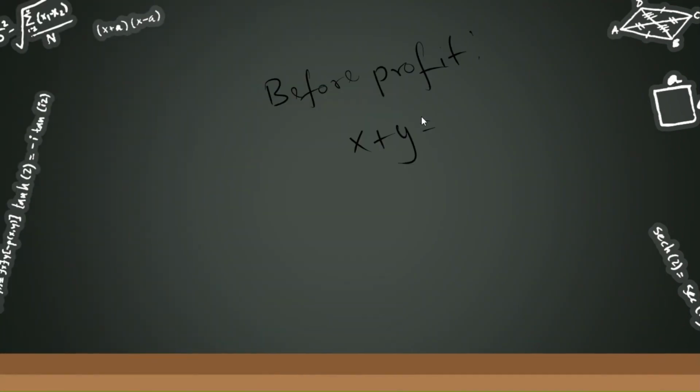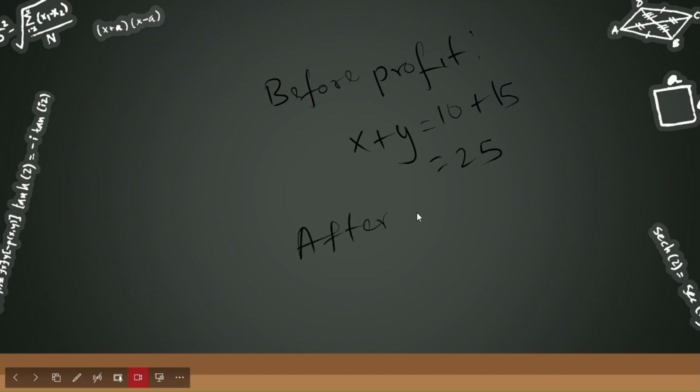So X plus Y is 10 plus 15, which is 25. After profit, it is told that each pipe was sold at 12 rupees. So the total is 12 plus 12 equals 24.